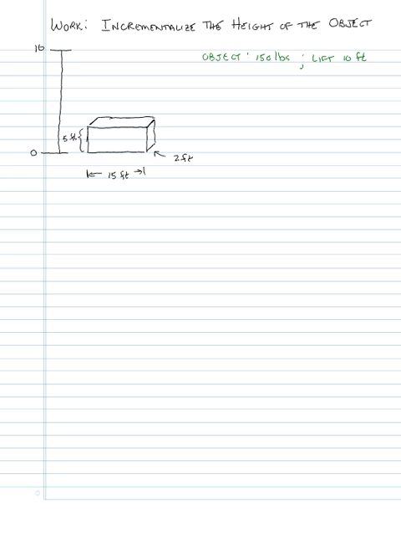Now, for the sake of argument, notice the dimensions of this box: the depth is 2 feet, the width is 15 feet, and the height is 5 feet, as I've indicated here. And so the volume is 150 cubic feet.